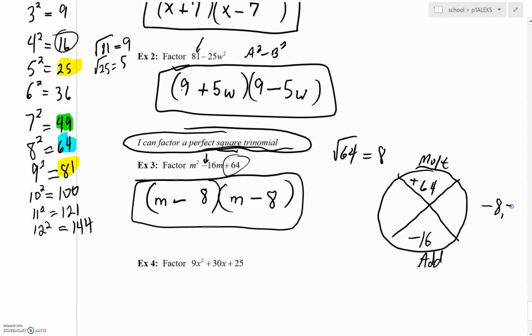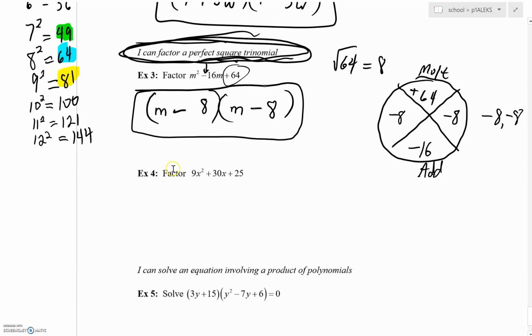It wouldn't take you long to see that negative 8 and negative 8 do the trick. And you would, in fact, get m minus 8 and m minus 8. But when you are told you've got a perfect square trinomial, the parentheses will be identical. You don't even need to build the wheel there. You can just cut to the chase.